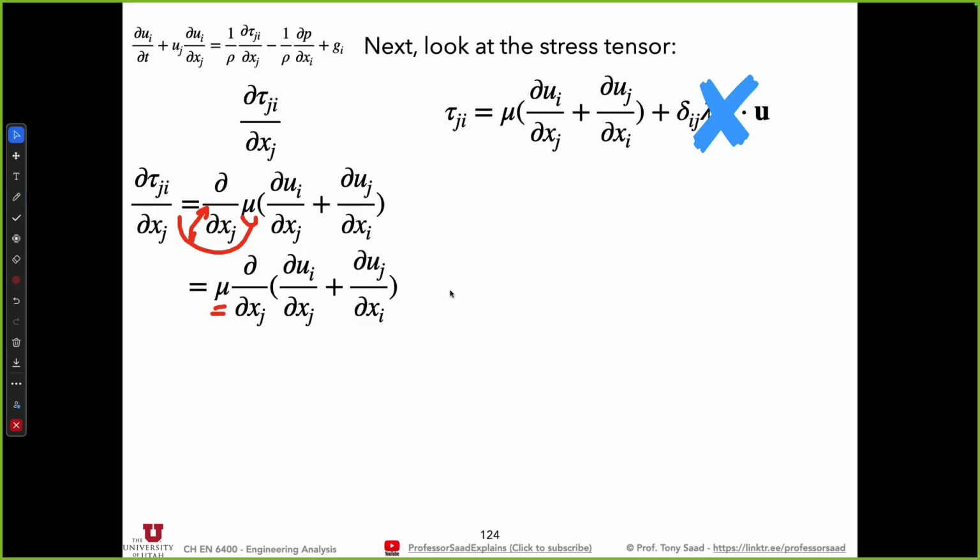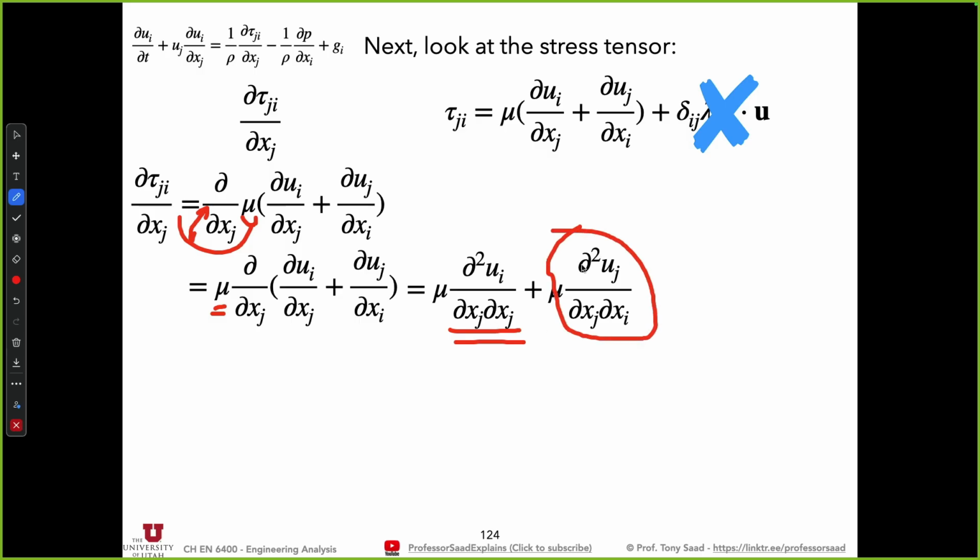Let's distribute the derivative. If you distribute the derivative, you're going to get second derivatives. You get mu times the second derivative of u_i with respect to x_j. Now, what is x_j? It's going to be a repeated summation. So you get d2u_i/dx^2 + d2u_i/dy^2 + d2u_i/dz^2. Agreed?